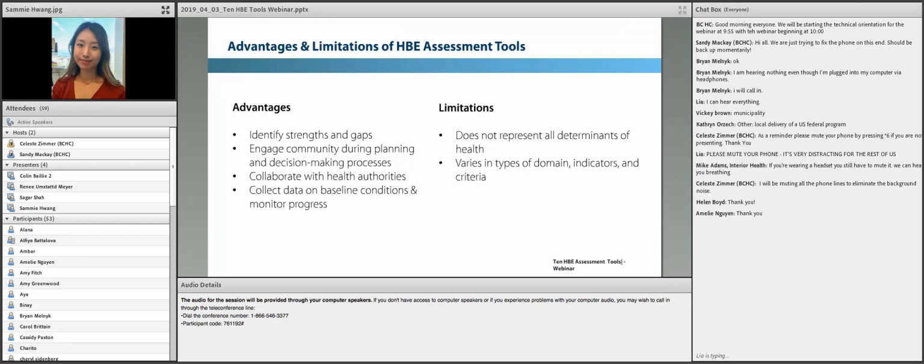Also, the tools vary in types of domains, indicators, and criteria that are used to assess the built environment. For example, some tools are intended for assessing only existing built environments, but not for proposed built environments. And because of the range of tools available, local governments and communities should select more than one tool that includes indicators for built environment features that they want to focus on.